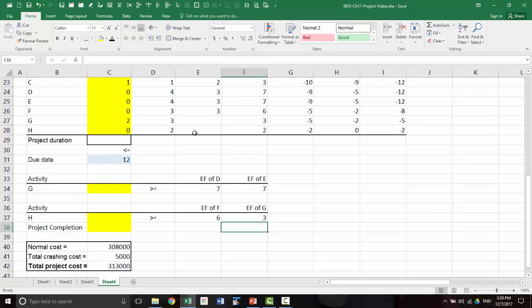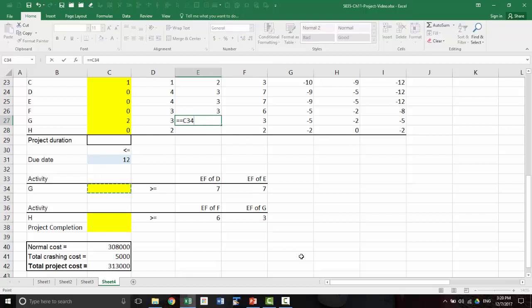Okay, so now you can set that equal to that, whatever solver uses here, that will go there, and whatever solver uses there, it will go there. And here for project completion time, whatever is the project completion time will go there.